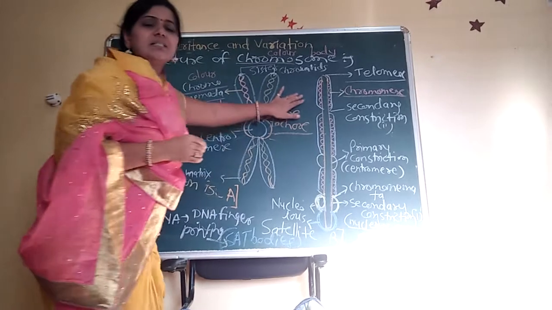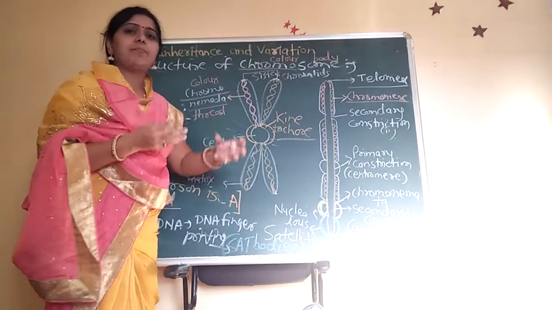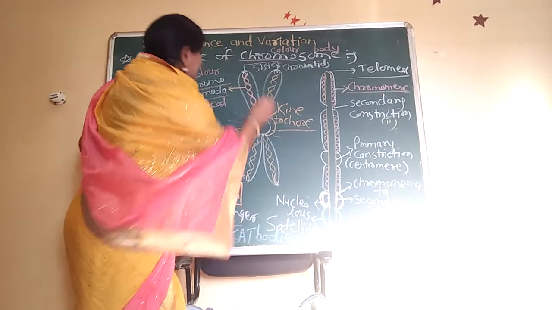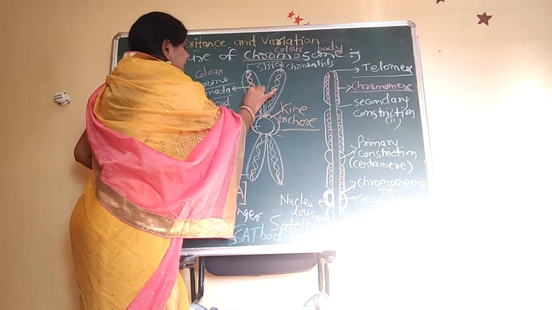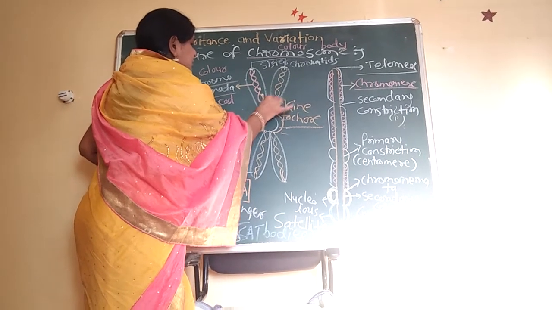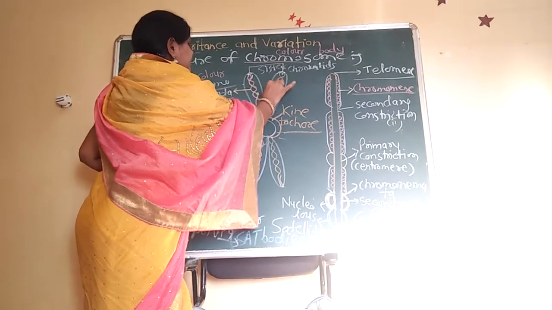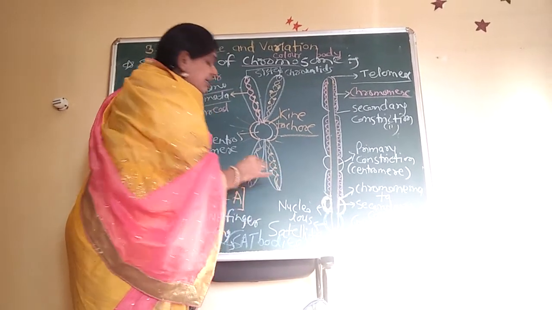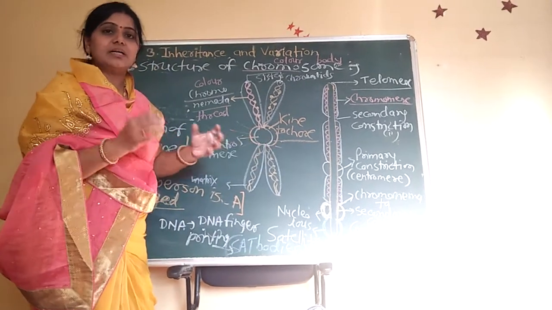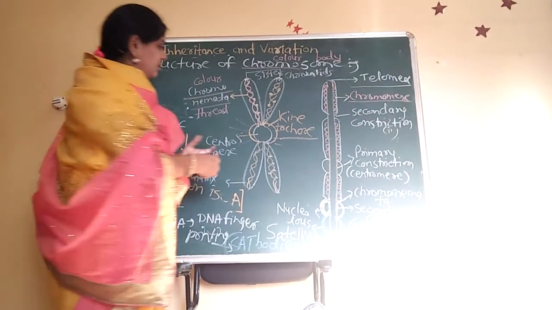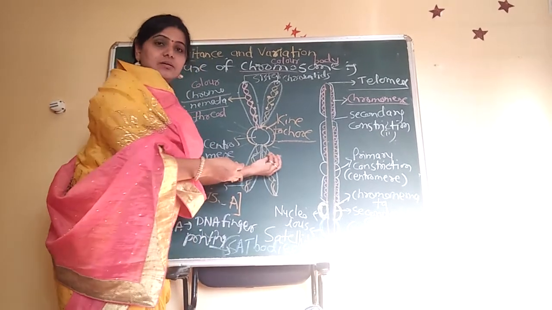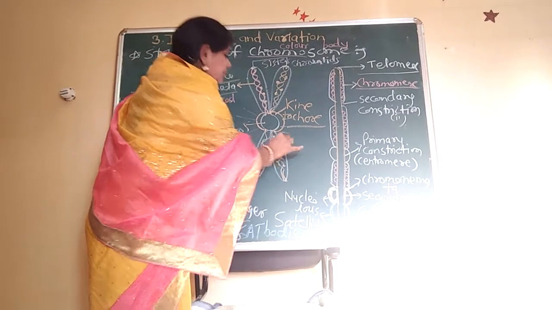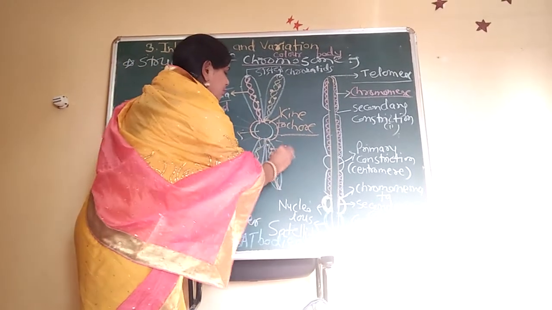The chromomere is nothing but the swelling part on the DNA. This is also the chromomere. The chromomere is nothing but the histone protein. When the DNA binds, that binding structure, the histone protein, looks like that.